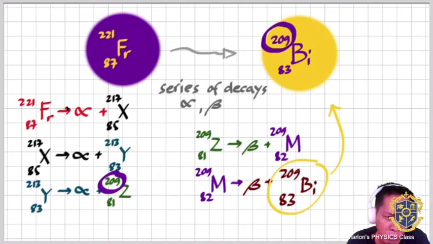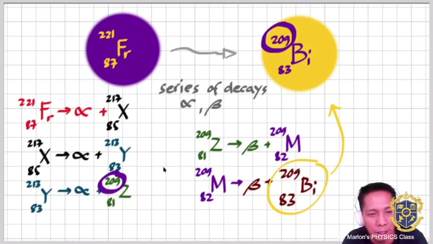Like here we have 1, 2, 3, 4, 5, so 5 decays: 3 alphas and 2 betas. Even if you change the order, for example, you start with a beta, followed by an alpha, then a beta again, and then 2 alphas, you will end at the same atom, the same bismuth atom here.